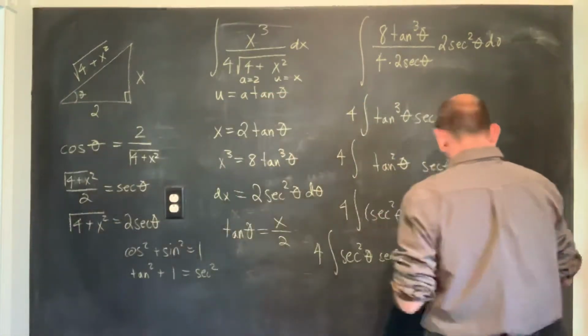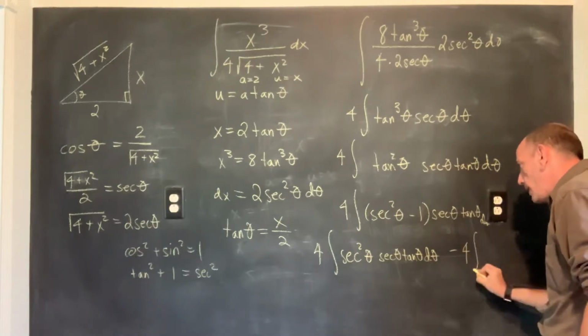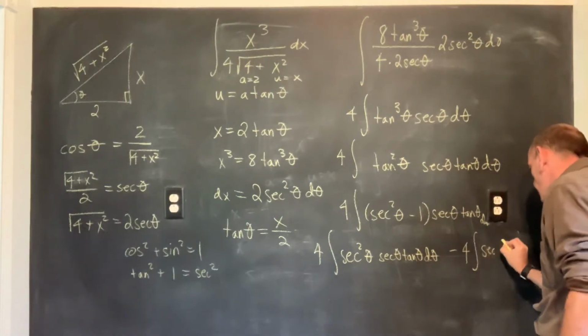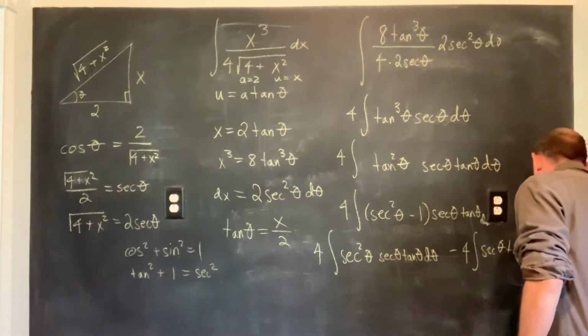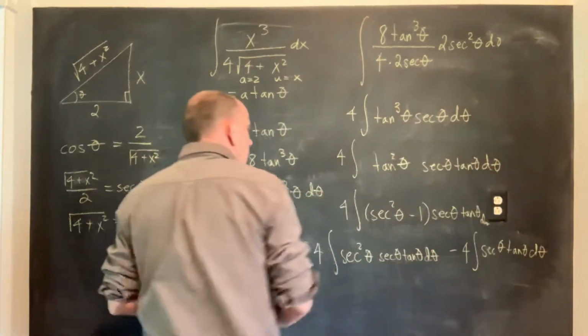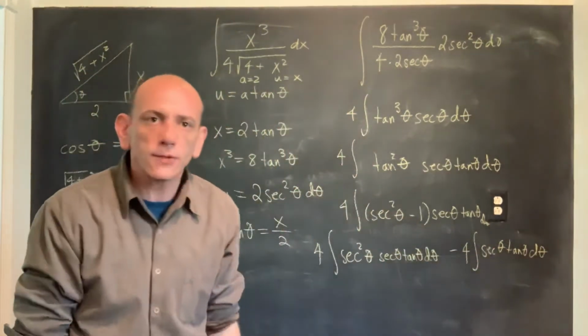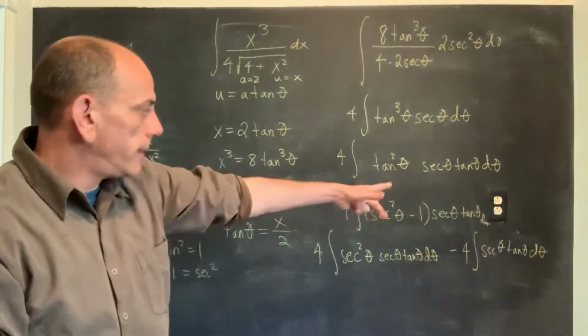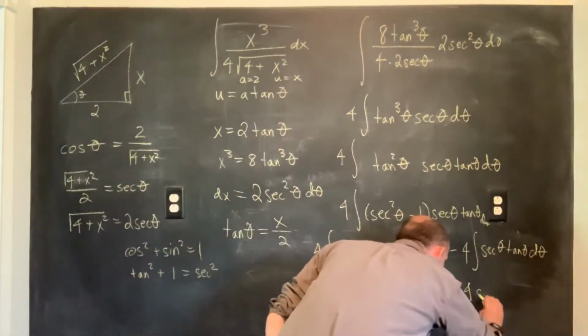And then over here I have minus 4 integral secant theta, tan theta, d theta. Now we know that secant theta tan theta is the derivative of secant. So that's an easy integral. That's just 4 secant theta. You can do that right away.